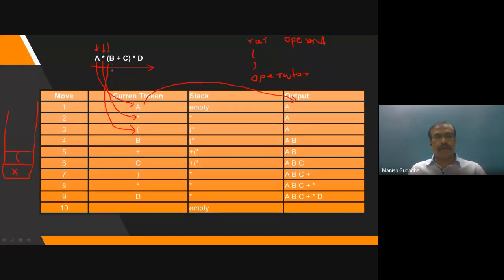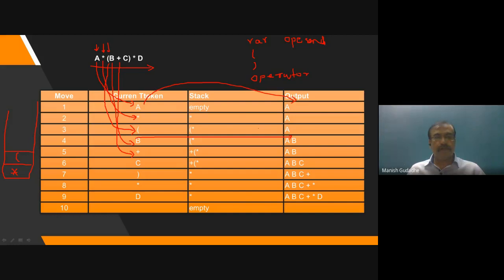Okay. Next is symbol B. B is an operand. B will be directly put into the output. Now at this position, what is the output string? AB. What is the stack? First the asterisk symbol, and on the top we have an opening brace.